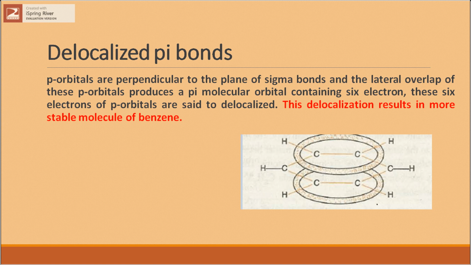These 6 electrons of p orbitals are said to be delocalized, and this delocalization results in a more stable molecule of benzene. These 6 electron clouds are also called the aromatic sextet.